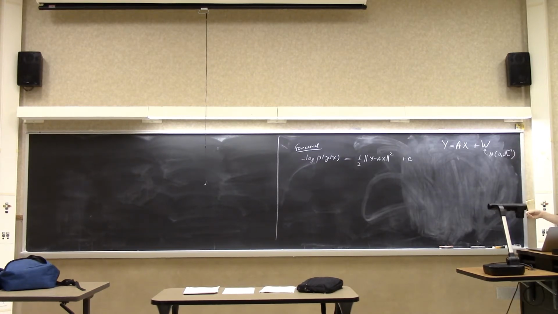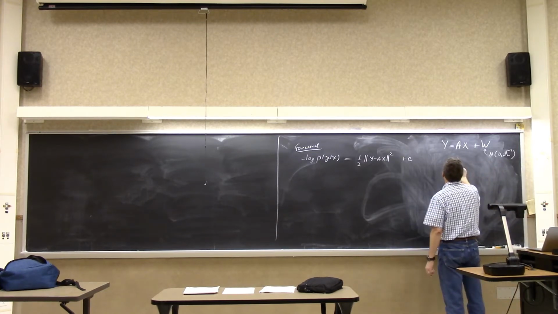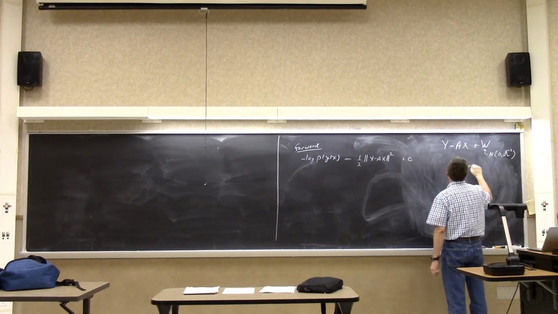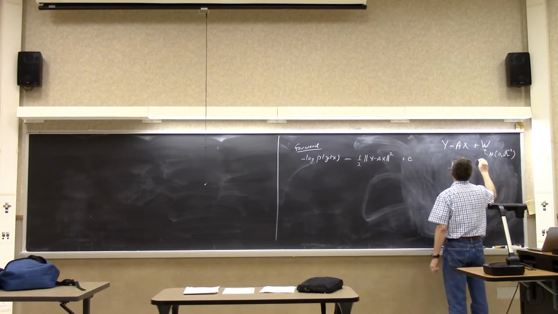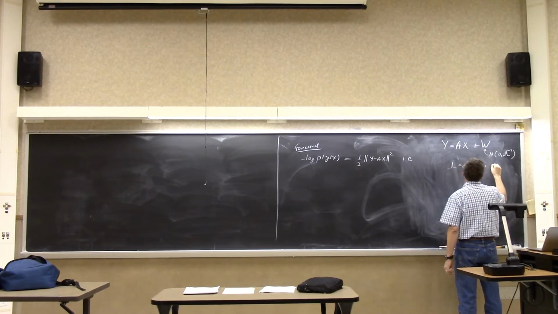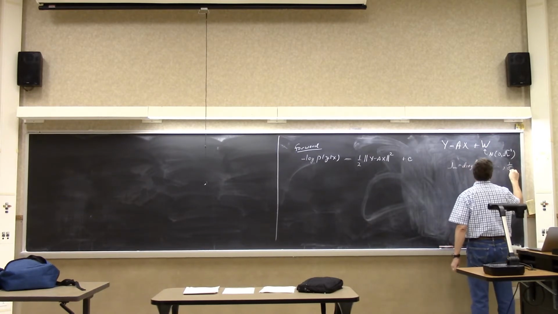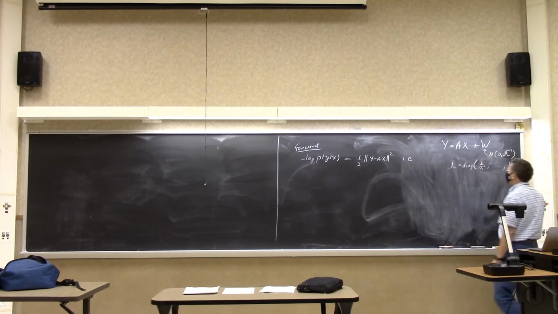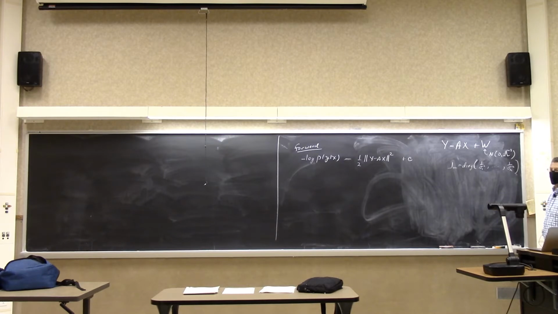Usually, not always, this is going to be a diagonal matrix, with entries like 1 over sigma squared. In other words, these will be the inverse covariance of the noise.